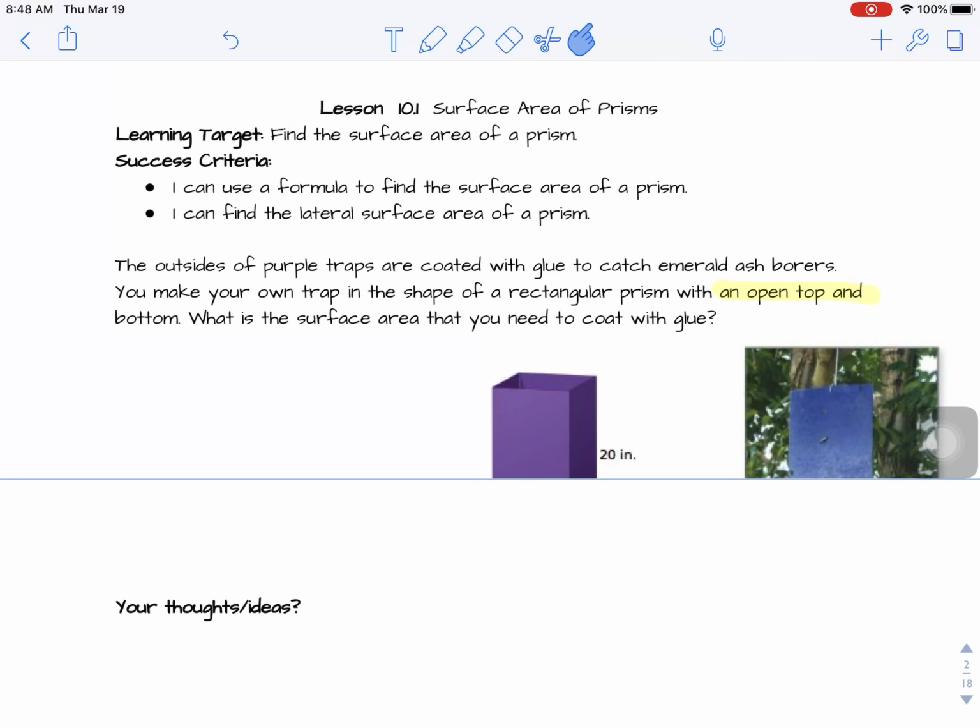Okay, so our first example here, I apologize because my picture did get cut off, so let me draw in what it looks like. Again, I'm not a great artist, so hopefully you get the idea. This one was 10 inches and this side was 12 inches.